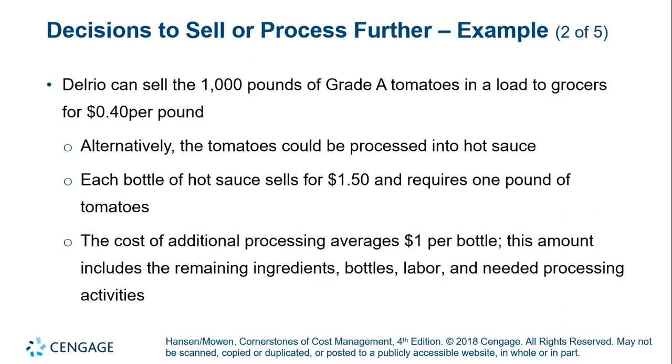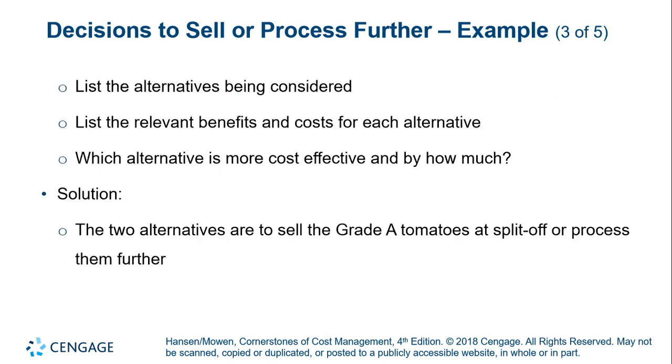And we have now the cost of additional processing at $1 per bottle. This includes the remaining ingredients. So list the alternatives being considered. The alternatives are: you are going to sell at the split off point, or you are going to process further?